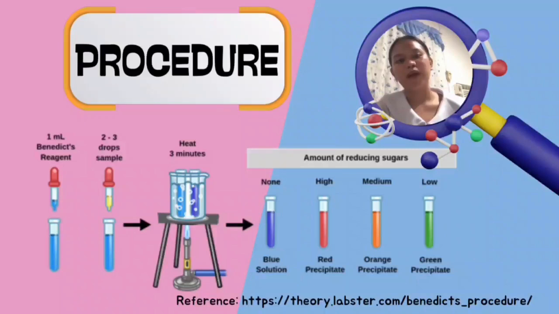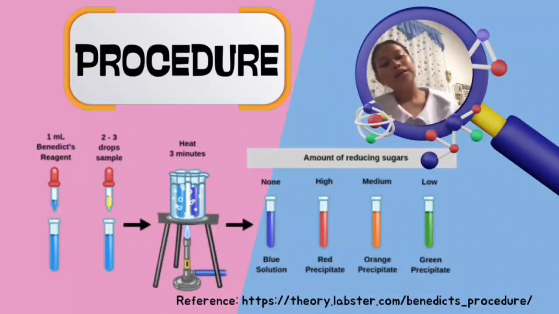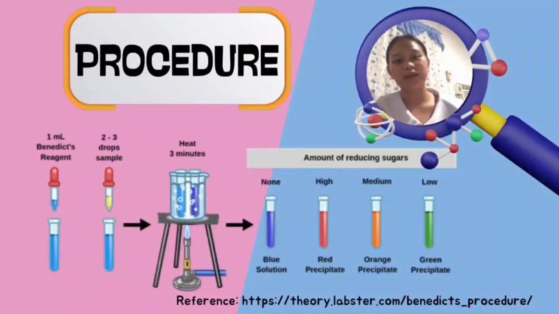Benedict's reagent is a bright blue liquid because it contains copper sulfate, which has copper, sulfur, and oxygen. Fourth, after that, we gently mix the solution to make sure that Benedict's reagent spreads evenly in the test tube. Fifth, we place the test tubes in boiling water at 100 degrees Celsius for about 2 to 3 minutes.